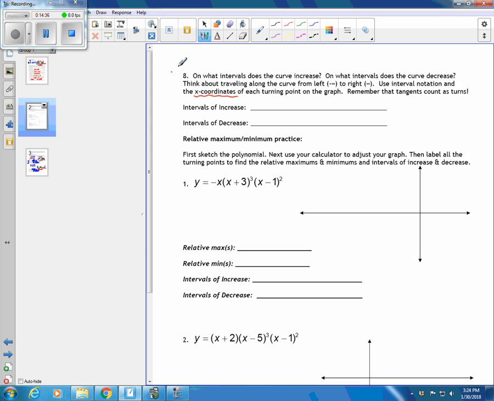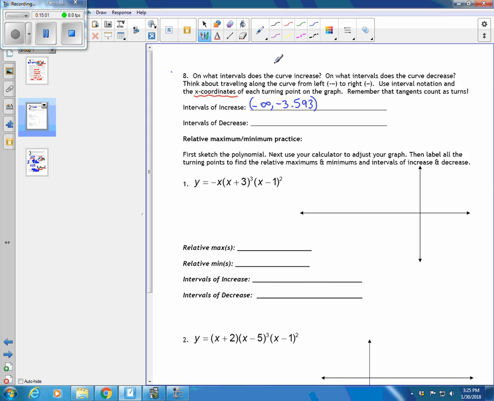If you look at your graph, it's starting on the left end from negative infinity. It's starting with an increase, and we want to use the x-coordinate. The x-coordinate of the first turn is negative 1.2. Oops, sorry, it's my first big mistake. It would be negative infinity to negative 3.593.